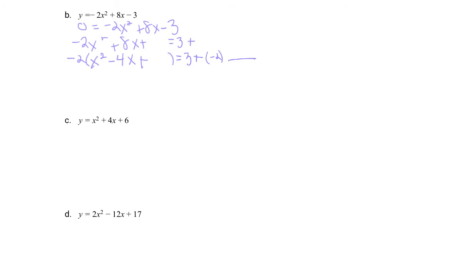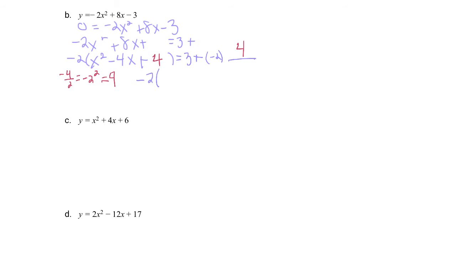So now let's figure out what we put in the blank. I do b over 2. So negative 4 over 2 is negative 2. And then I square that and get 4. So 4 goes in those blanks. So we can simplify just a smidge. I'm going to factor on the left, so negative 2 stays.